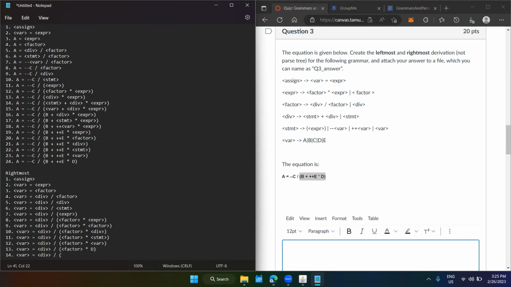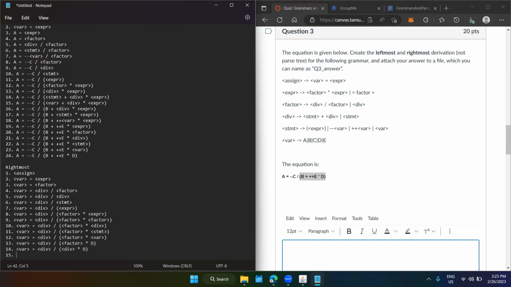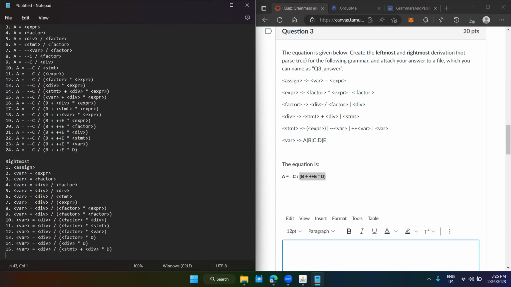Factor points to div. And that would be statement plus div next. Statement plus div. Statement plus statement.